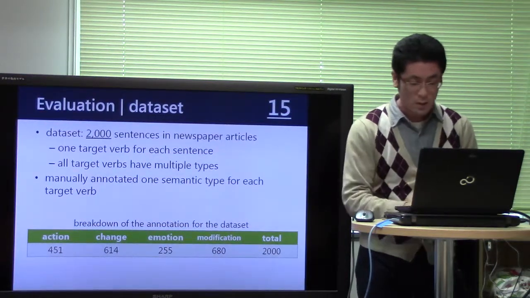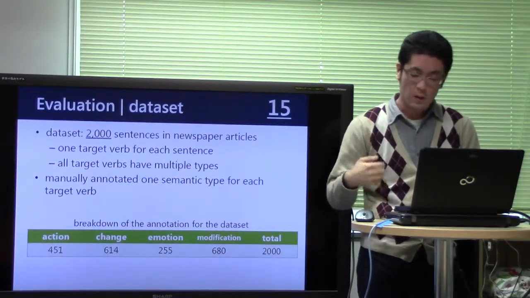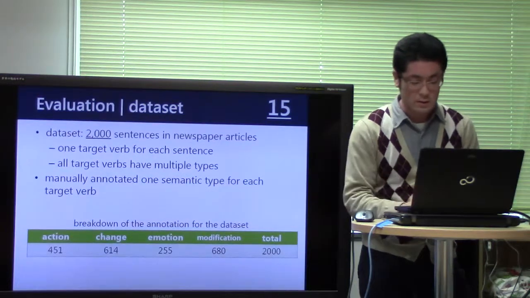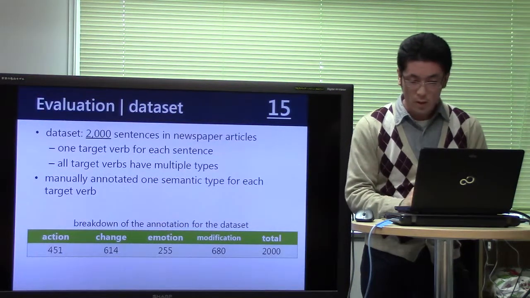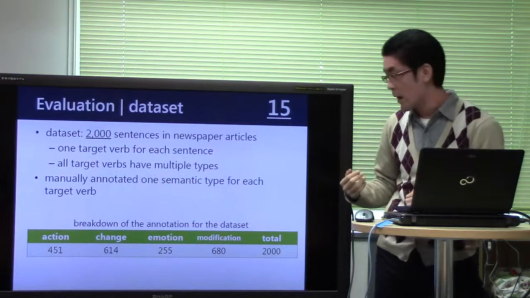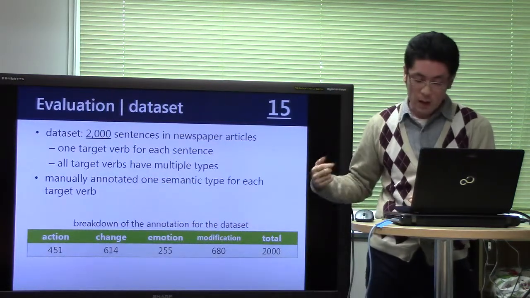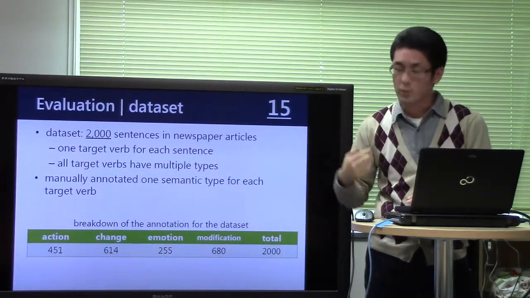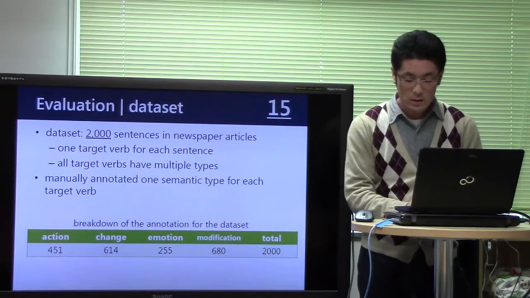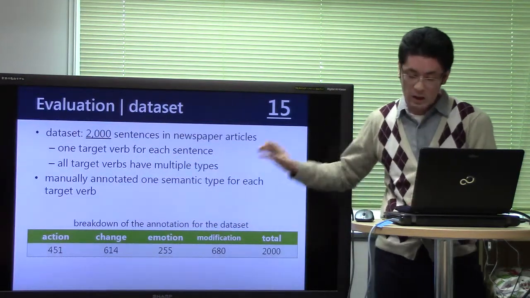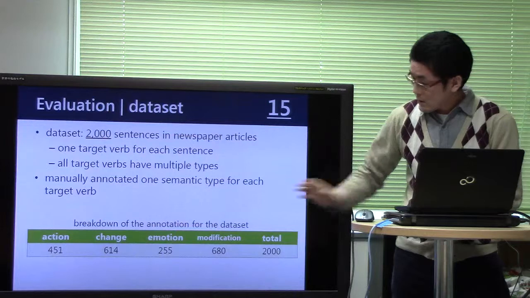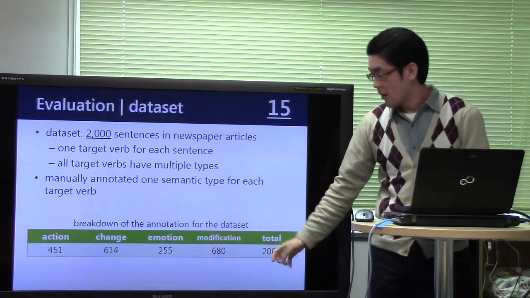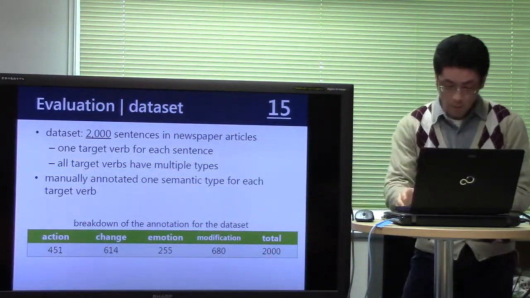In other words, there are 2,000 disambiguation problem instances. Then we manually annotated the most appropriate semantic type for each target verb. The table is a breakdown of the annotation for the data set.